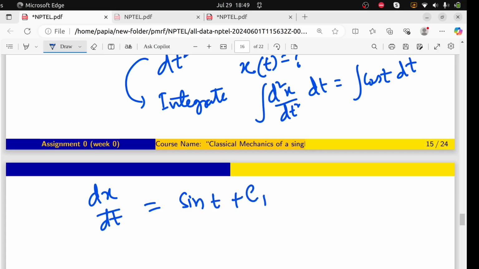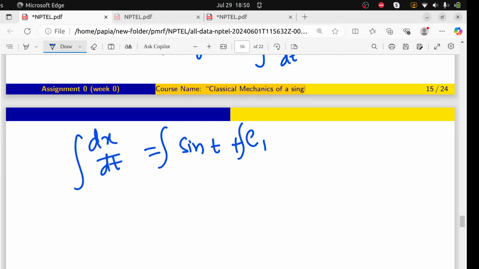Let's say it is a simple constant. I don't know the value of c1, but I am just writing c1. Now again I want to integrate. If I integrate that, then x(t) will be minus cos t plus c1 t plus c2. So this is the expression for x(t).